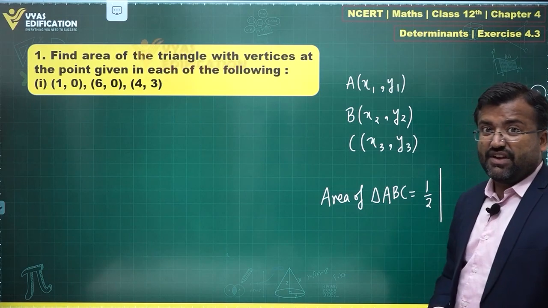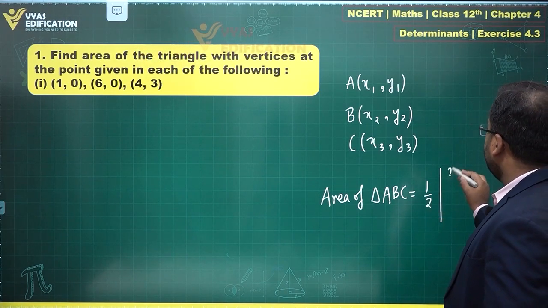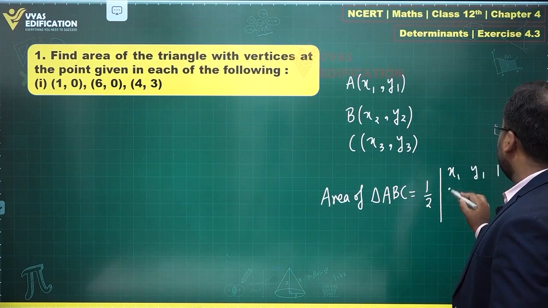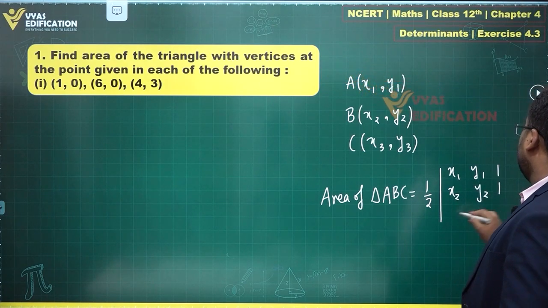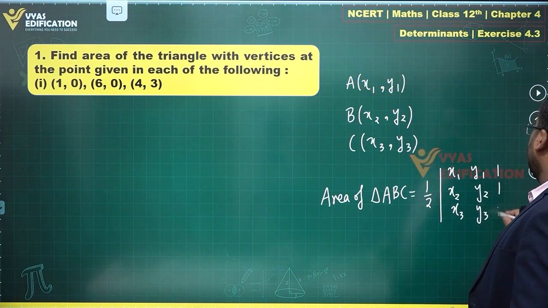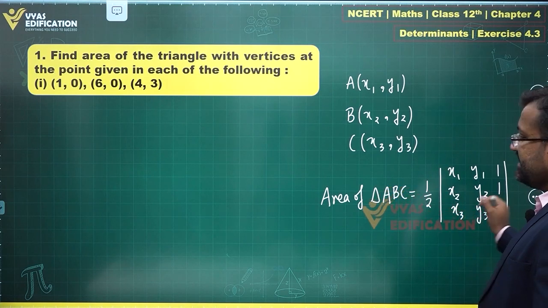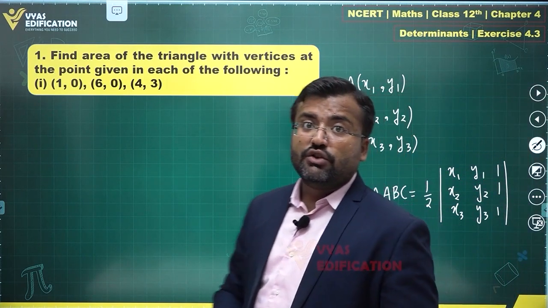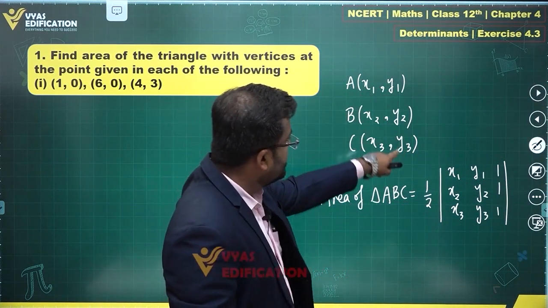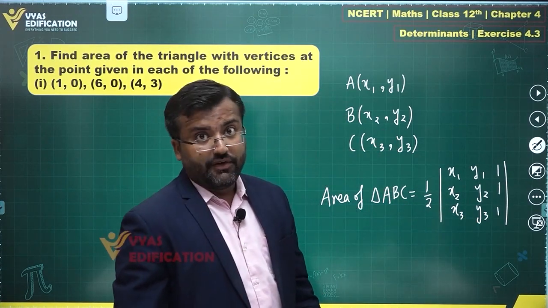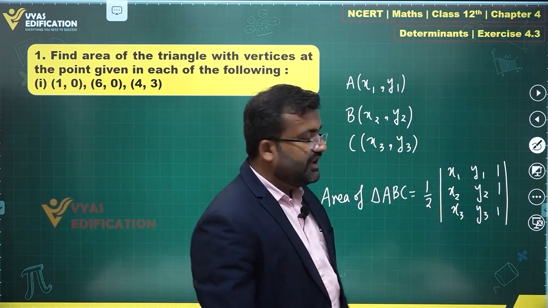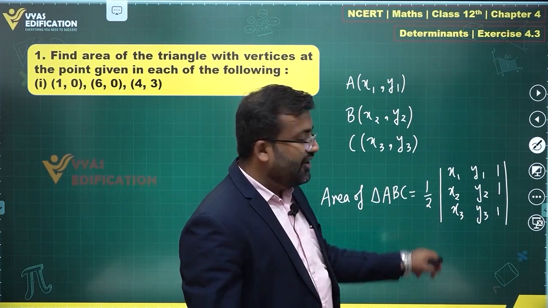Yes, there's a factor 1 by 2. And then you write the vertices x1, y1, 1. This is the 3 by 3 determinant that you get using the vertices x1, y1, x2, y2, x3, y3 over here. Right. And you multiply with a 1 by 2, and this is the area of the triangle.